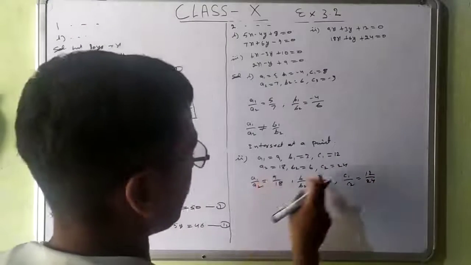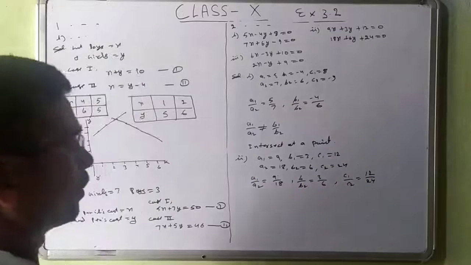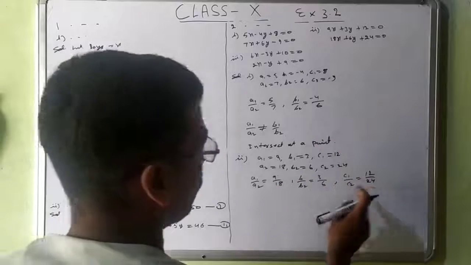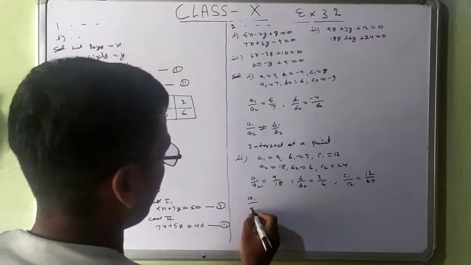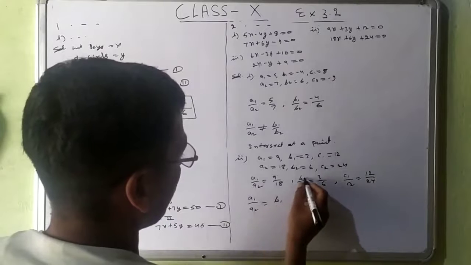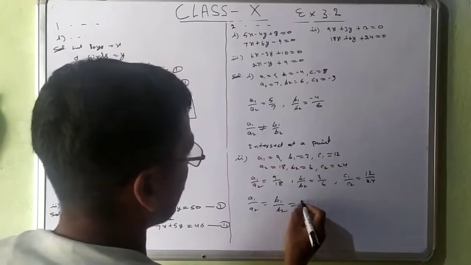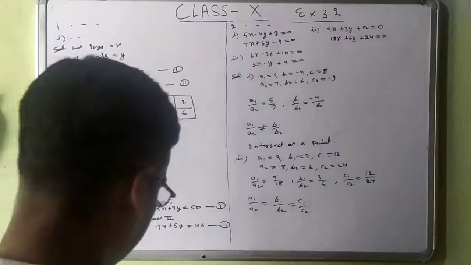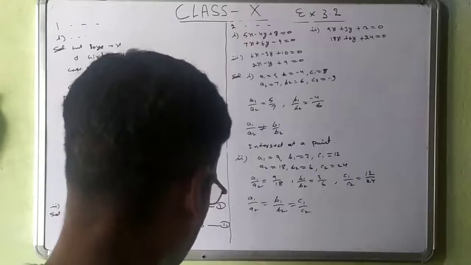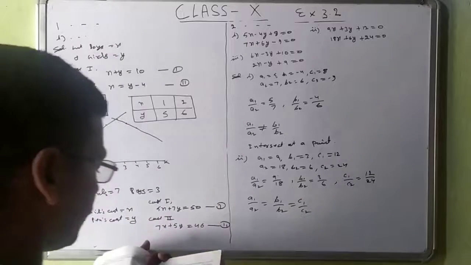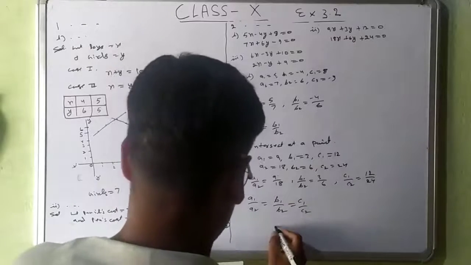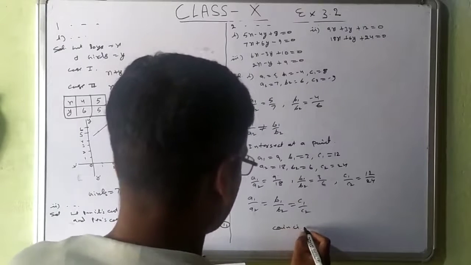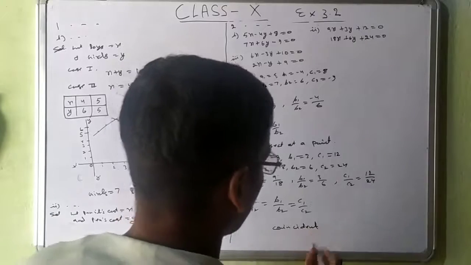All three are equal, because by cancelling, 9 to 18, 3 to 6, 12 to 24 are all one half. So A1 upon A2 is equal to B1 upon B2 is equal to C1 upon C2. If all three are equal, then the lines are coincident. This is coincident.